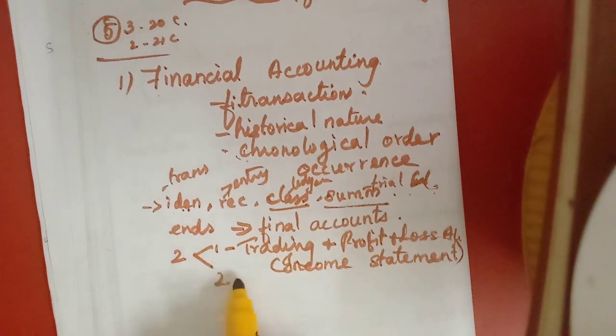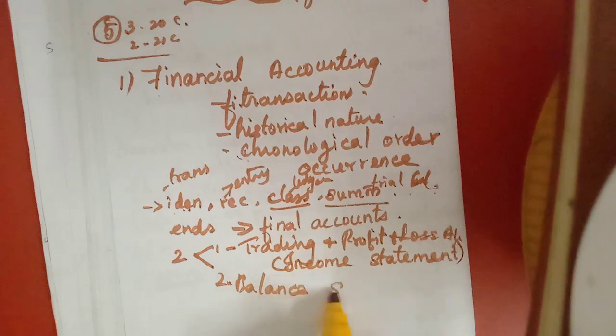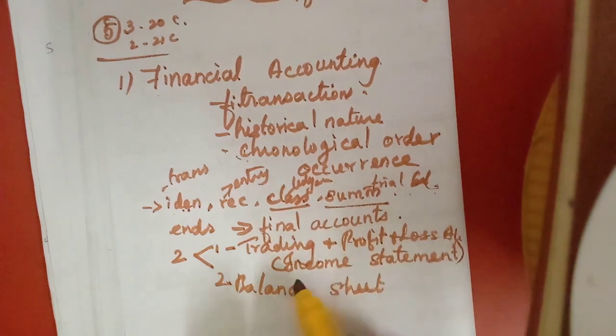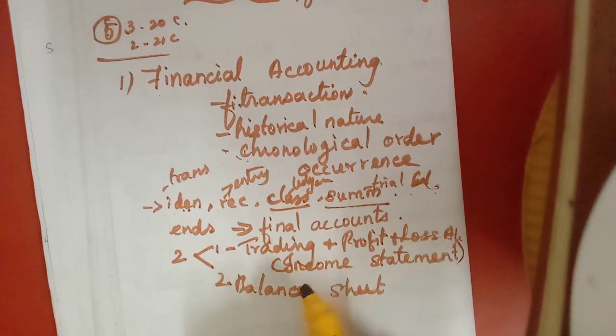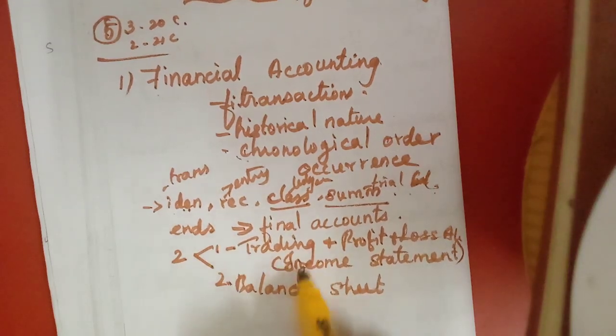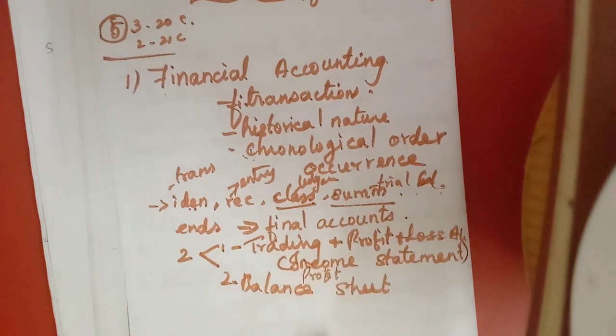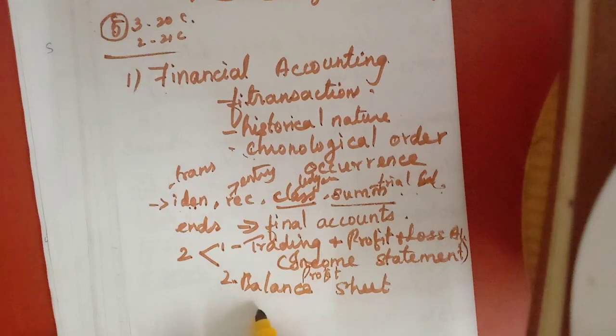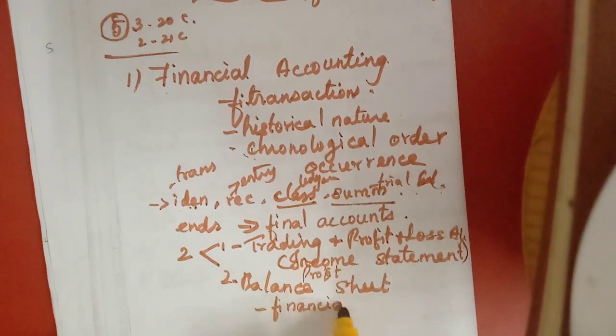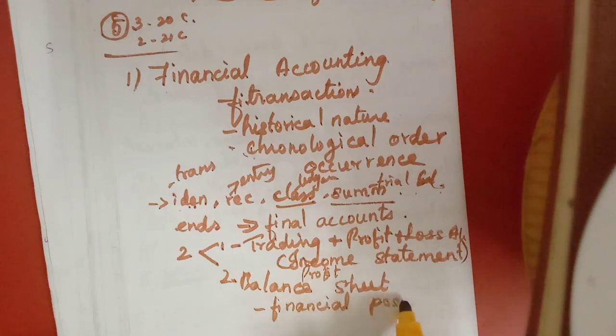The second one is the balance sheet. From the trading and profit and loss account, we can calculate the profit or loss made by the business. From the balance sheet, we can ascertain the financial position of the business, whether it is sound.